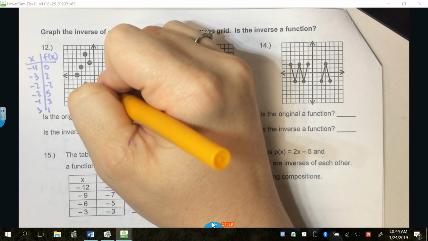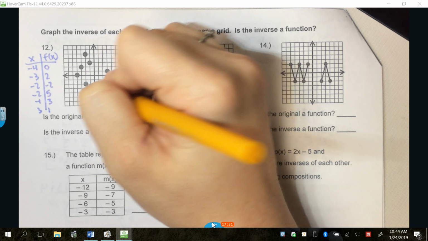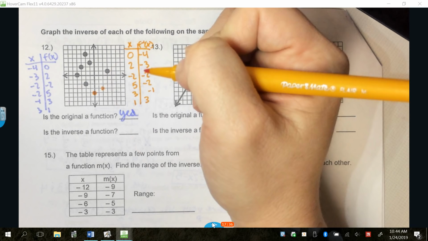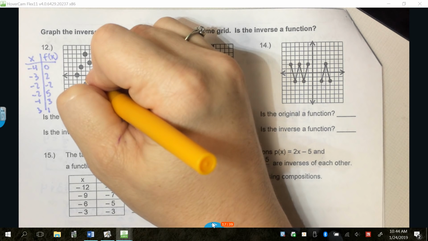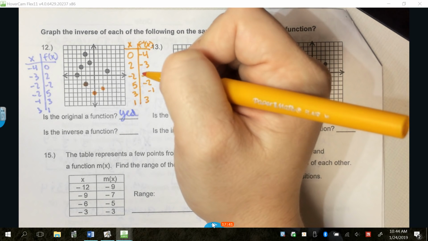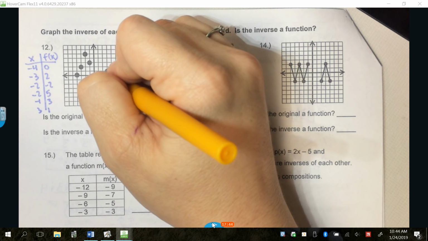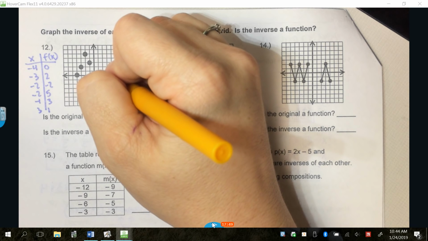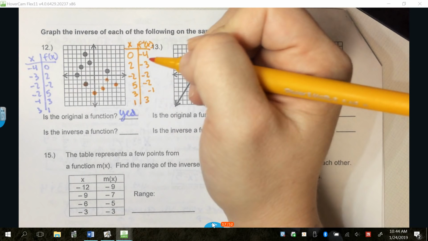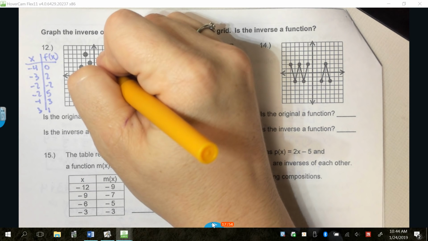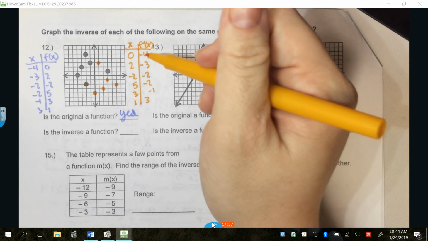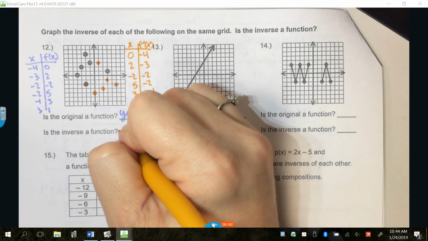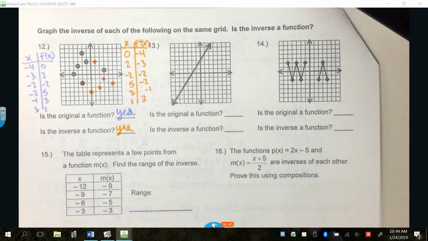So 0, negative 4. 2, negative 3. 2, negative 2, negative 2, which is this point. 5, negative 2. 3, negative 1, and 1, 3. So there's my inverse. Now is the inverse a function? Well, does x repeat? It does not, so inverse. Oh wait, hold on. Sorry, the original is not a function.